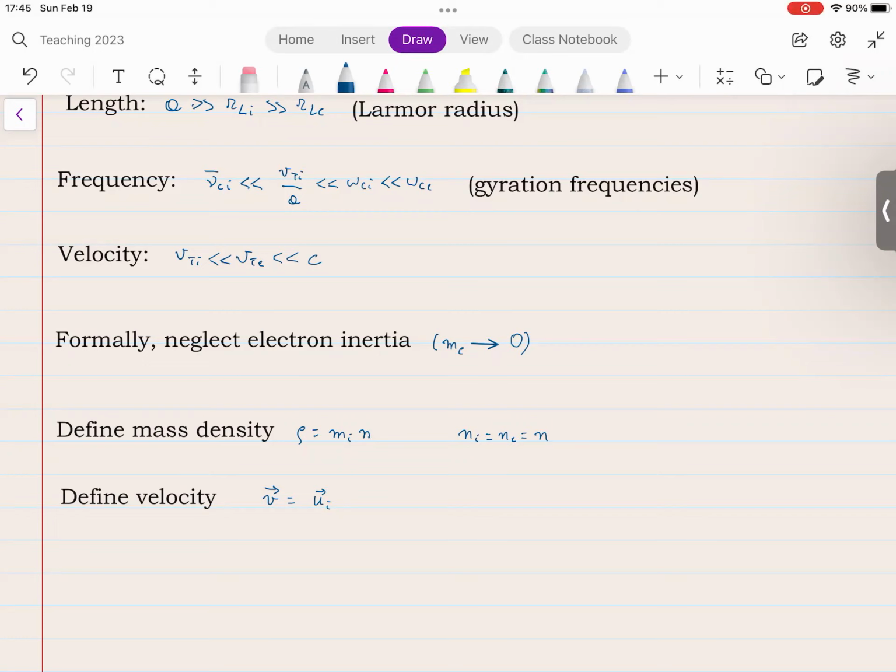And notice that you can actually calculate the electron velocity by observing that the current density is given by e times n. Remember, we said the n's are equal, times U sub I minus U sub E. The current produced by the electrons summed to the current produced by the ions with the proper signs.